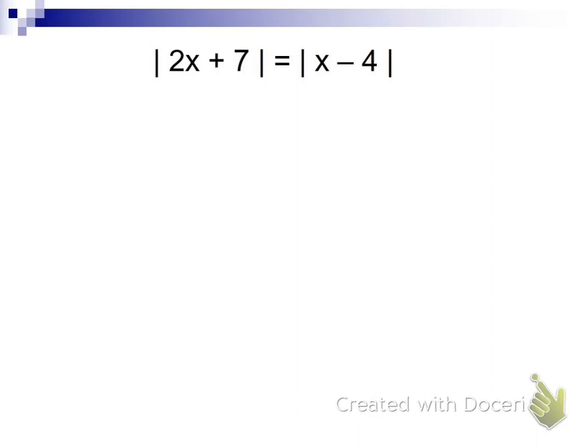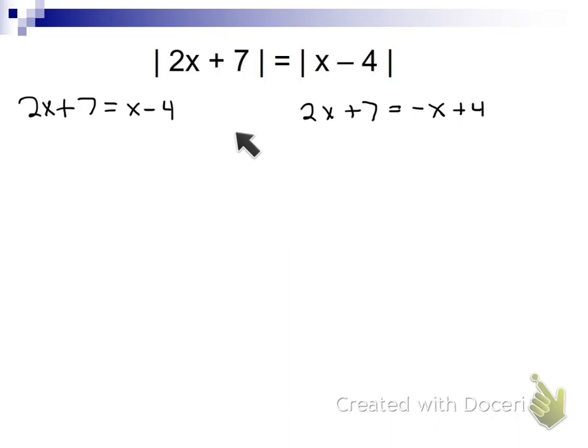We're going to say 2x plus 7 is equal to x minus 4. Everybody okay with that? And 2x plus 7 is equal to, now distribute a negative through, negative x plus 4.